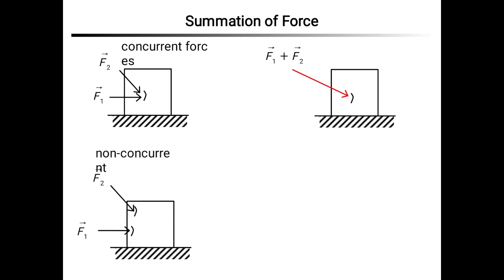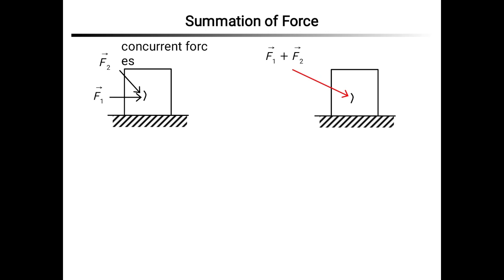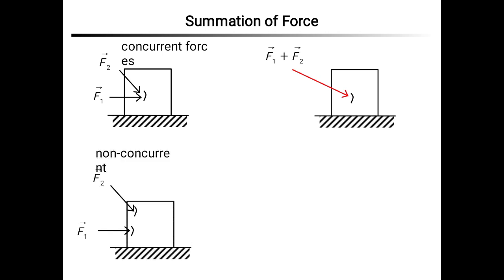Next one is non-concurrent forces. In this, two forces act at different points. In case of concurrent force, both the forces are acting at a single point. In case of non-concurrent, they act along different points in the rigid body.